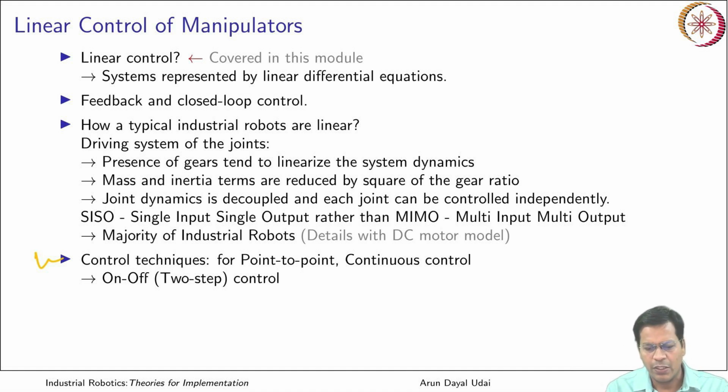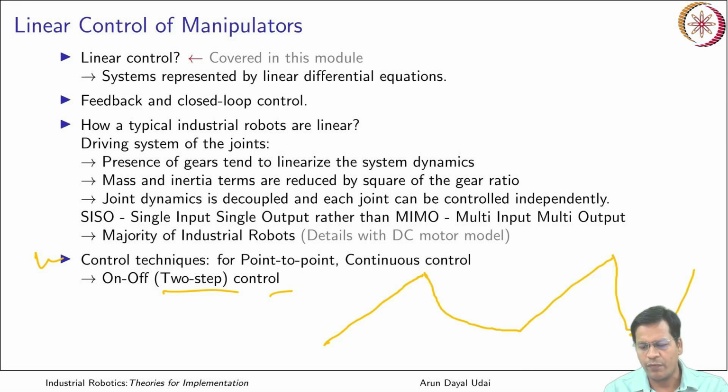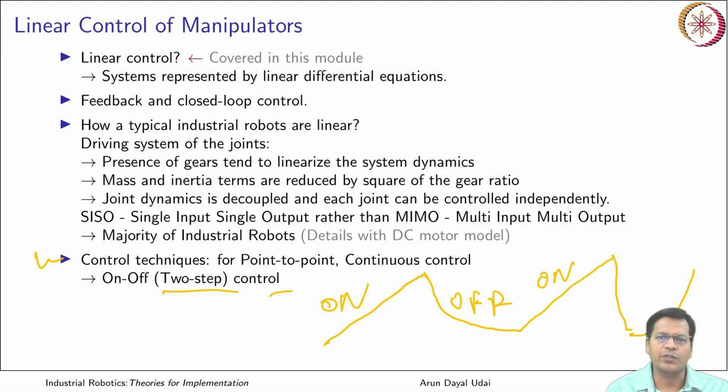That is known as two-step control, and your system behaves like this. It picks up speed, reduces, again picks up, reduces. Every time you switch on, you go up, switch off, you come down, switch on. That way you can definitely control speed. In a similar manner, you can even control position, and handle different other parameters also.